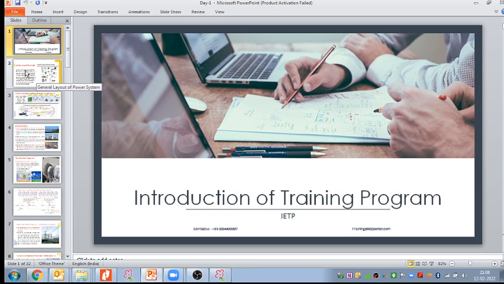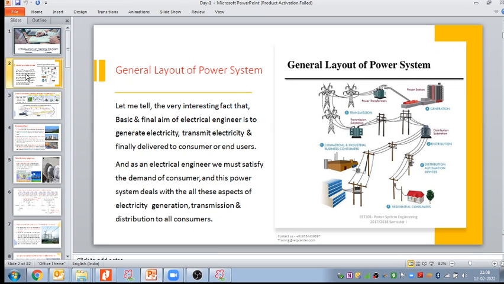When we talk about the power system, what is your understanding about the power system? What do you feel about it? Let us discuss that. Let me tell you a very interesting fact: the basic and final aim of an electrical engineer is to generate electricity, transmit electricity, and finally deliver it to the consumer, the individual.